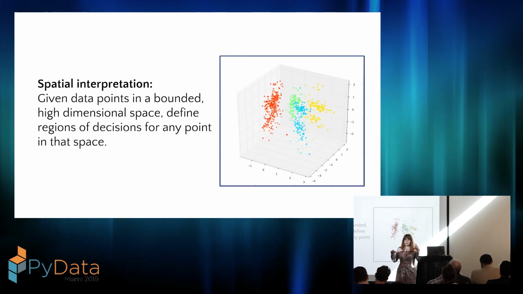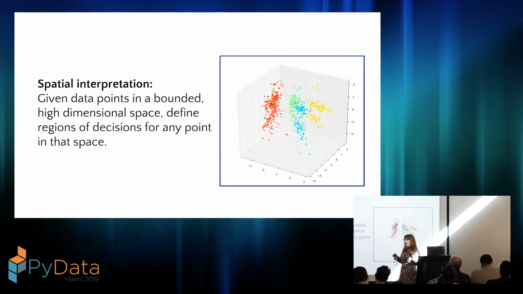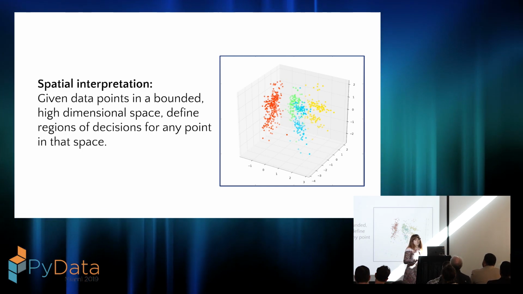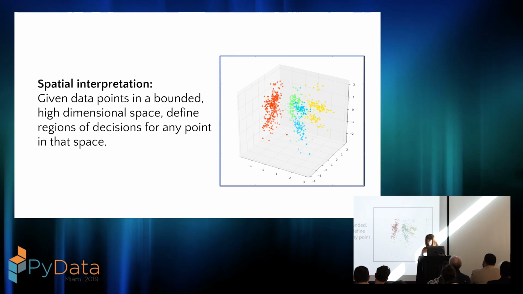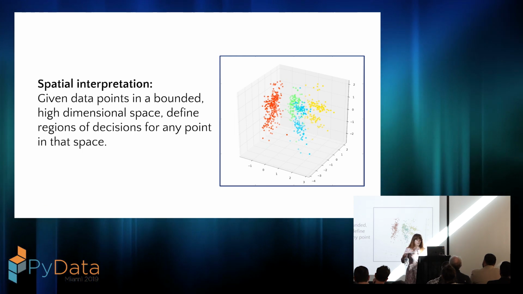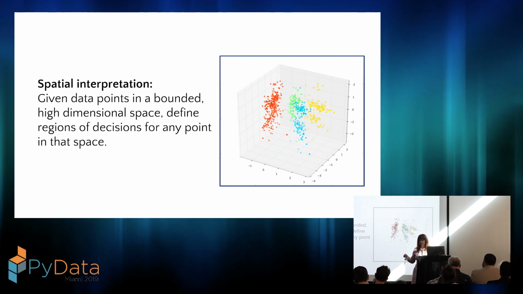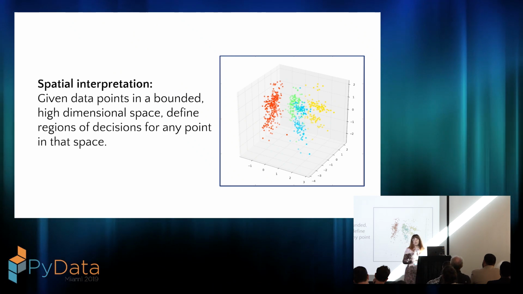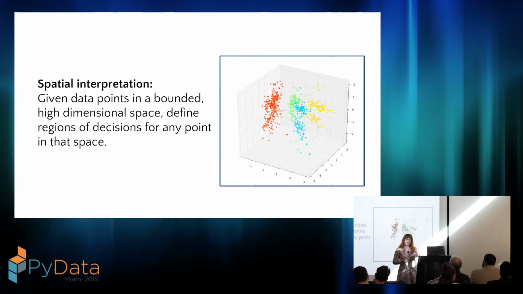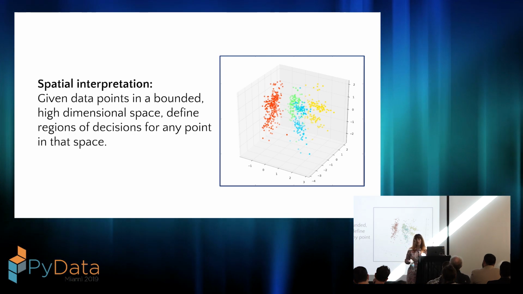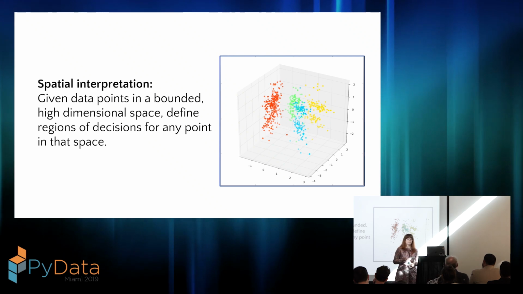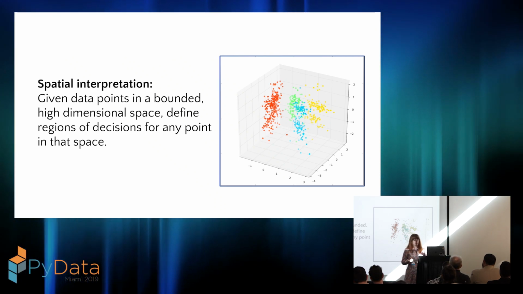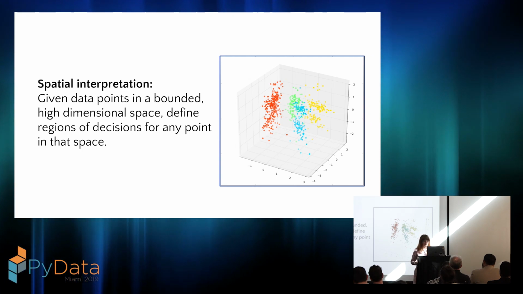But if we take a twist on that and think about how we would interpret that spatially, machine learning really is, given some bounded, probably very high dimensional decision space, how do we define regions of decisions? How do we carve up that space to serve up predictions for points in that space and points that can be projected into that space?